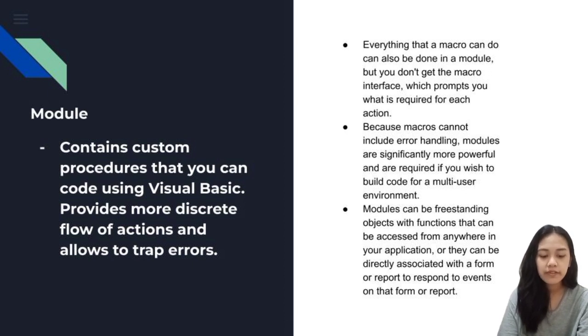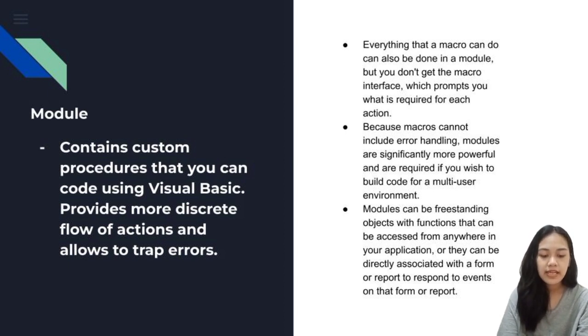It provides a more discrete flow of action and allows you to trap errors. Everything that a macro can do can also be done in a module, but you don't need a macro interface, which prompts you for what is required for each action. Because macros cannot include error handling, modules are significantly more powerful and are required if you wish to build code for a multi-user environment.